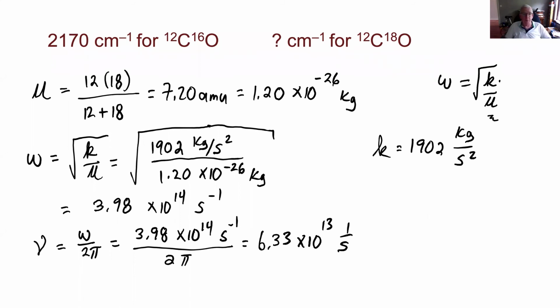I want to get a wave number, and I've got actual frequency now, so I can say that the wave number, the nu with the tilde on it, is just equal to nu, the actual frequency, divided by c, the speed of light, and so that's equal to the number we just calculated.